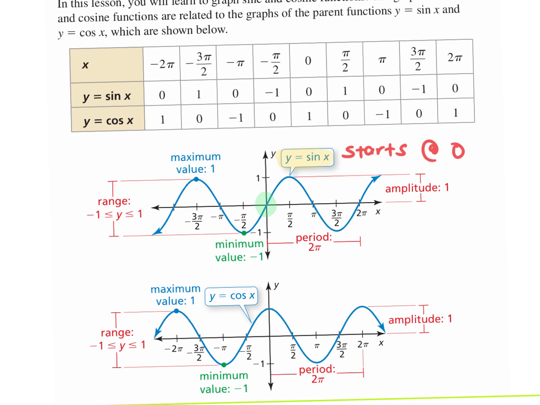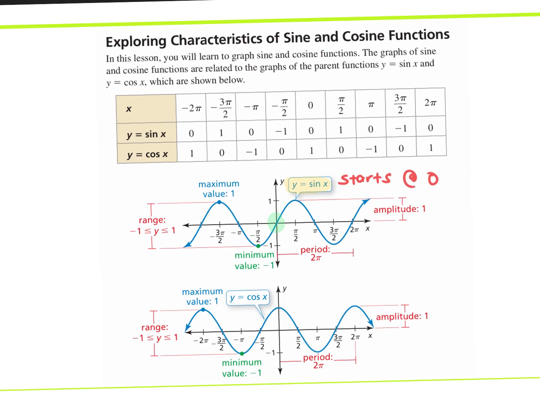It starts at 0. If you look at the cosine graph, here's cosine. Do you see where we have y equals the cosine? Where does this start? Is that at 0? No, in this case it's 1 or something like that.